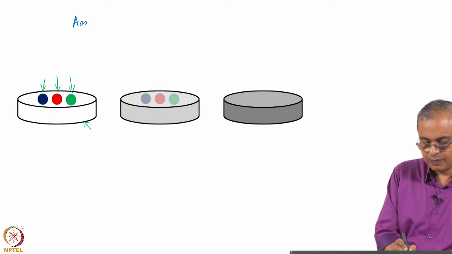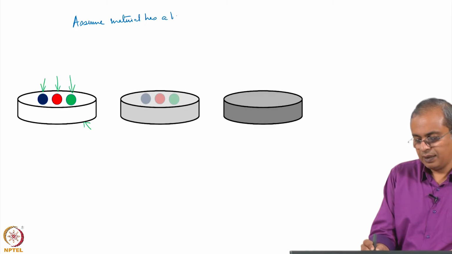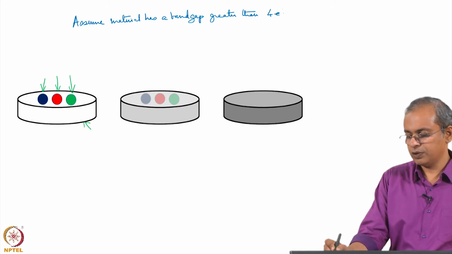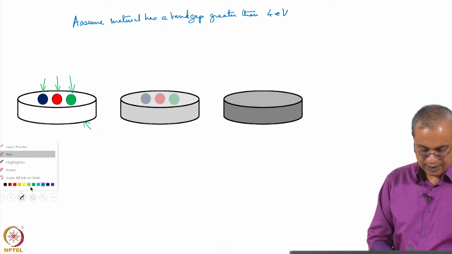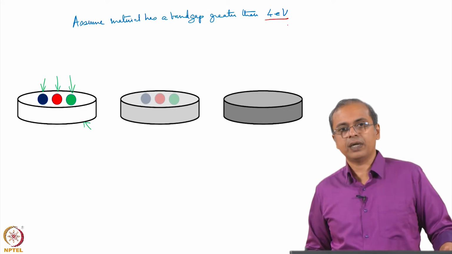Assume the material has a band gap greater than 4 electron volts. So, let us just assume that we have a material that has a band gap that is greater than 4 electron volts.